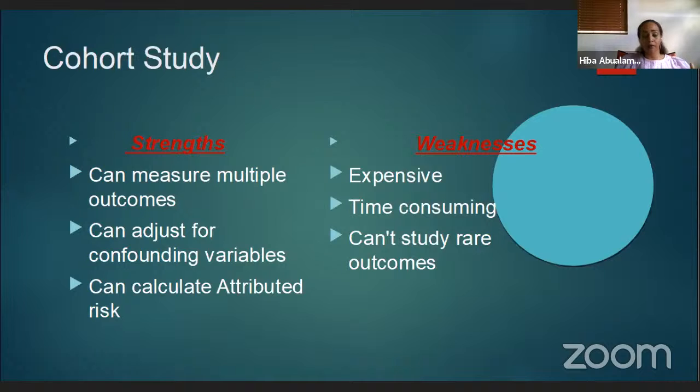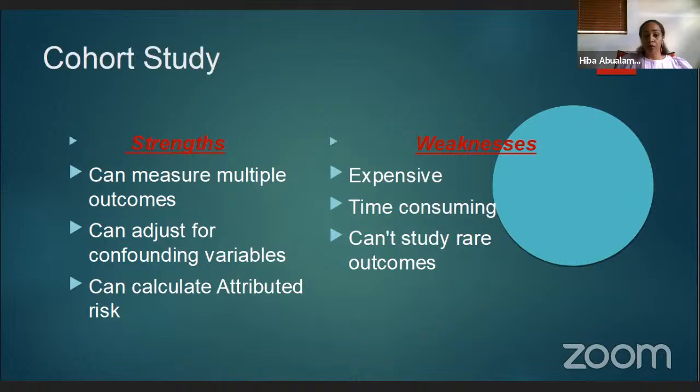As we said, we can have multiple exposures and look for outcomes of these exposures over a period of time. So that's a benefit. If you have a hypothesis that a certain exposure can cause an outcome, you can just assess this and see. But as we said, it needs time.